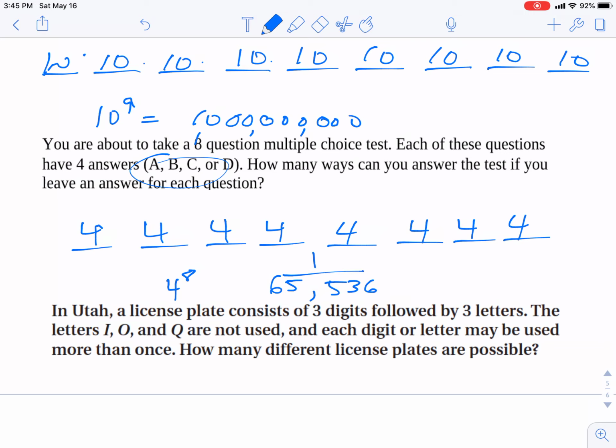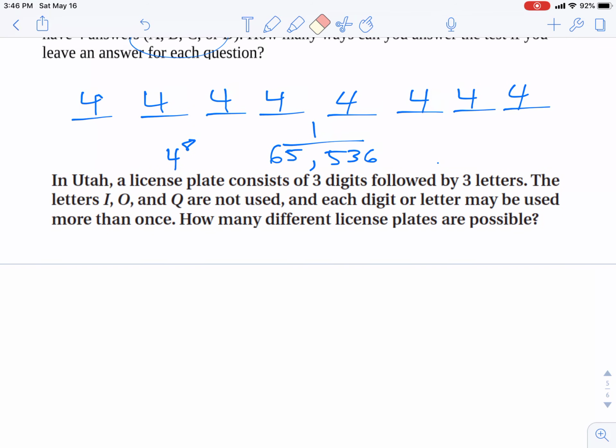So if we're going into probability here really quick, what's the probability that you guess on every question and get 100%? You have a 0.00001 chance. All right, so you move it 2 to the right for percentage, so 0.001%, less than a 1% chance of guessing and getting them all right. But that's for a different day.